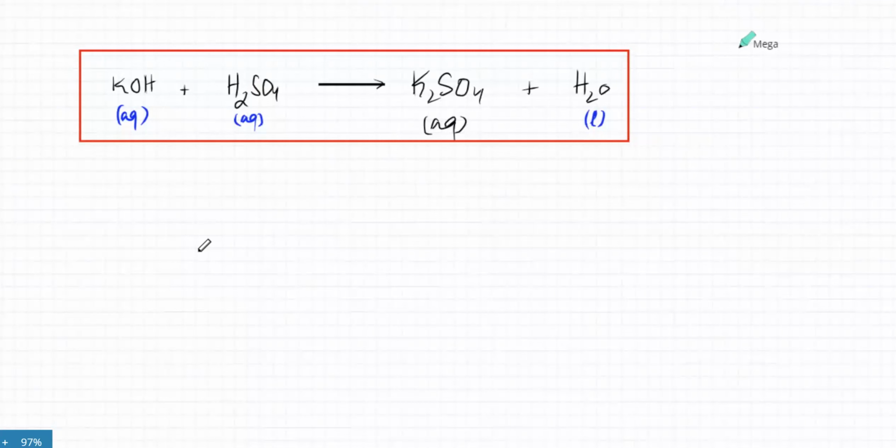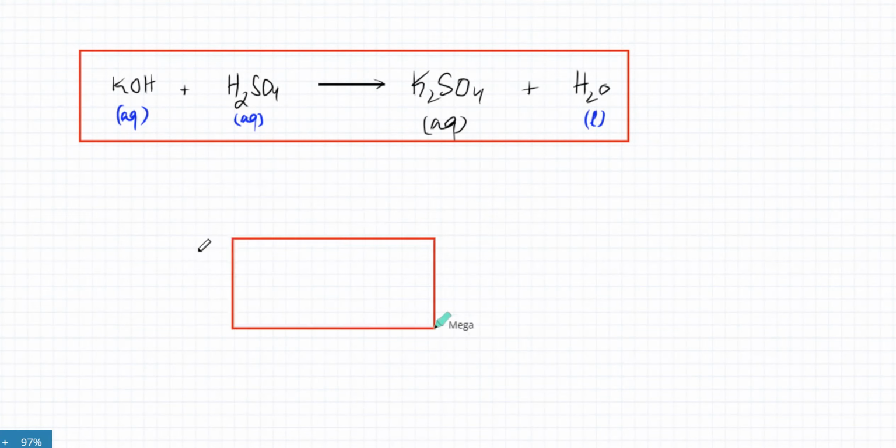Now, the first thing is, what's the problem of doing this reaction in the lab? Remember, titration is the practical method, how you're going to perform this reaction. So here's your beaker, and now the easy way is there might be a bottle labeled H2SO4 in the lab, there might be a bottle labeled KOH, right? You just mix them together, that's it, you'll get a reaction. So here's this tiny beaker, here's another tiny beaker.